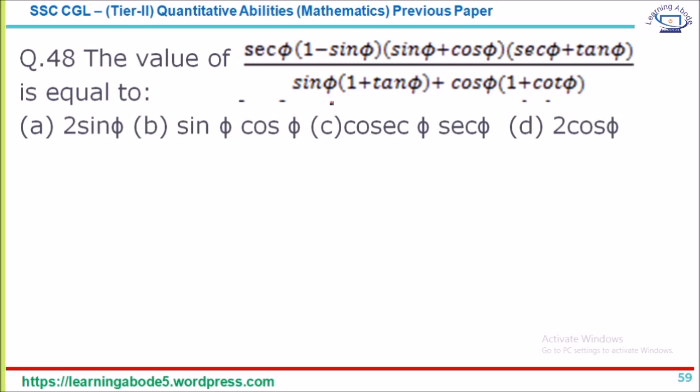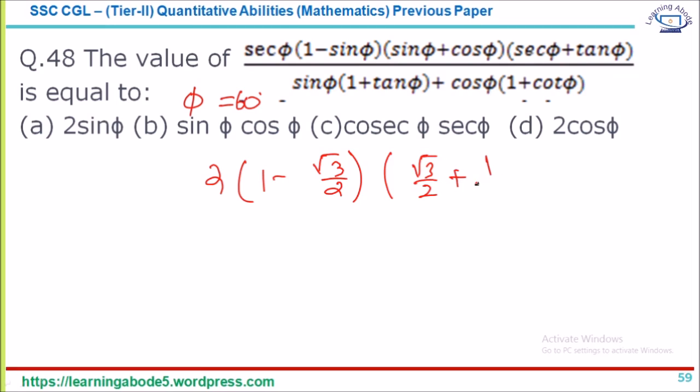Next one, I think this will be a little lengthy one, but anyhow it's okay. We'll put pi equal to maybe 60 here. So we'll put secant pi as 2, into 1 minus root 3 by 2 into sine pi, that is root 3 by 2, plus cos pi is 1 by 2, into 2 plus root 3.